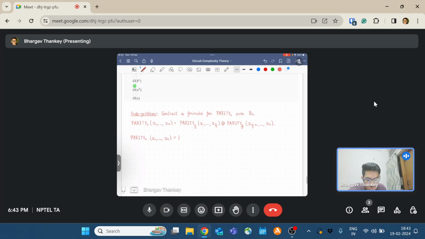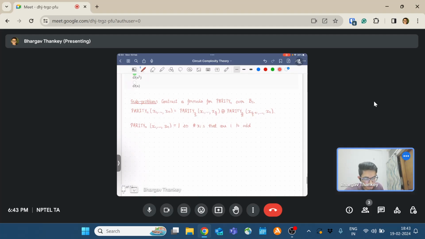Okay, so when is parity of x1 to xn 1? Odd number of ones, right? So if and only if the number of xi's that are 1 is odd. Now there are two cases.